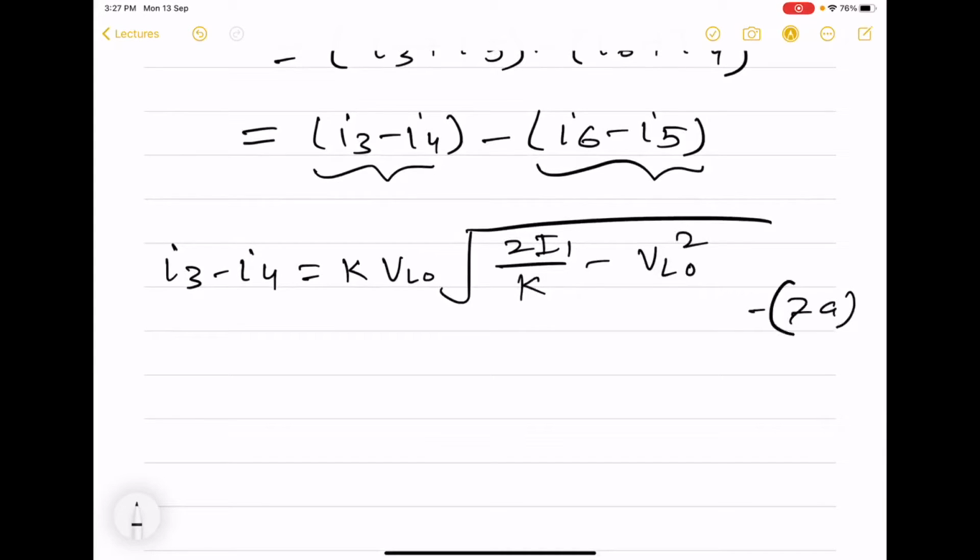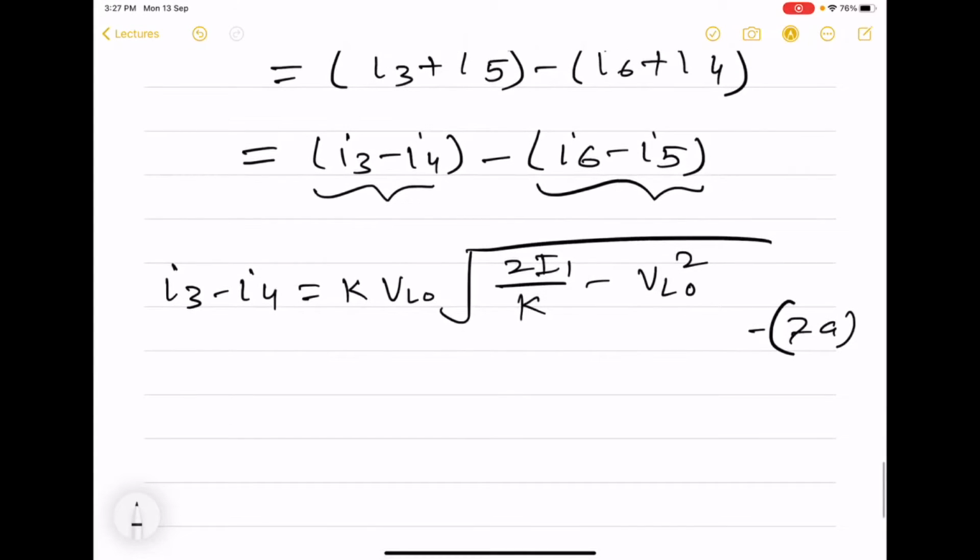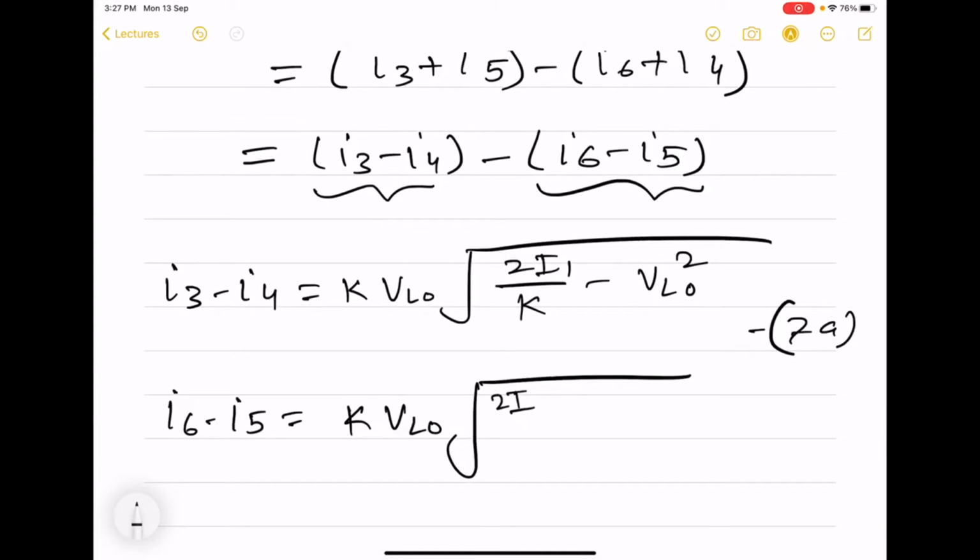So let us call this 7a. Similarly, I6 minus I5 gives rise to K VLO into 2 into its tail current, which is I2, divided by K minus VLO squared. We will call this 7b.